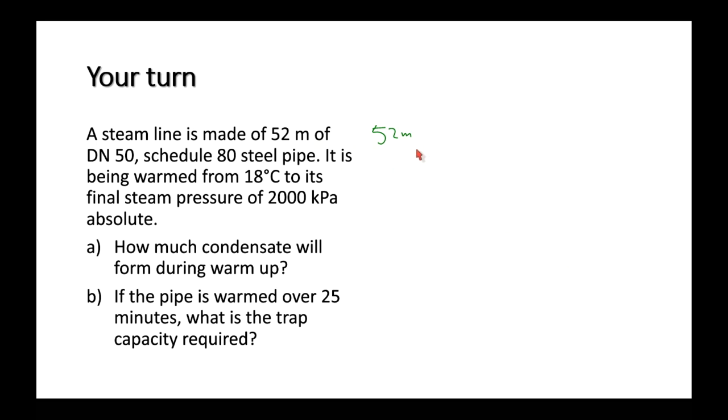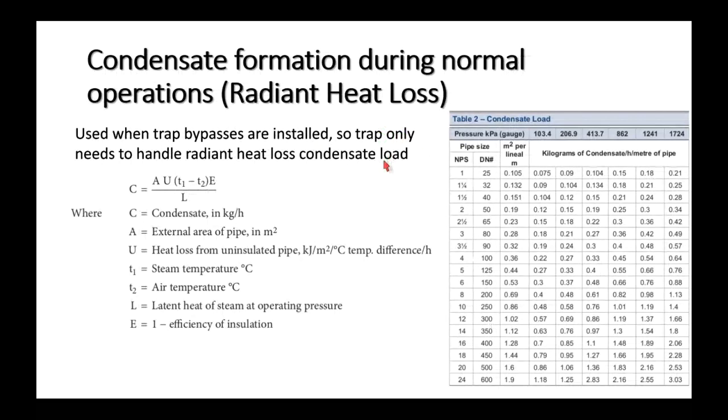Or you can practice it on your own if you like. You know how to get the numbers. You know how to do the calculations. So what we end up for this particular one is 19.6 kilograms, and 47 kilograms per hour would be the minimum.